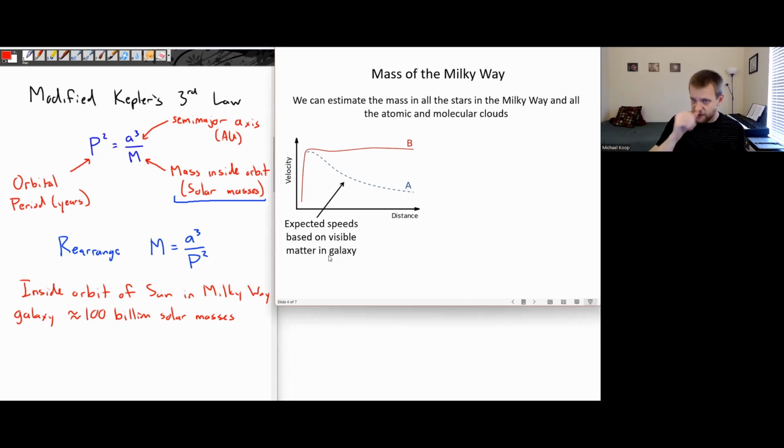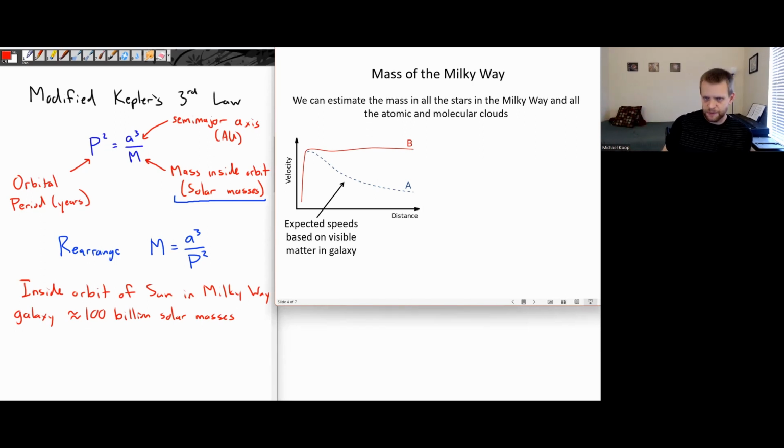So when we do this, the dashed line, case A, is the expected speeds based on how much visible matter we see in the galaxy. Things like stars and clouds of dust and gas, all those things that we have seen and talked about a little bit already in the course, give us estimates of how fast things should be orbiting around the Milky Way galaxy.